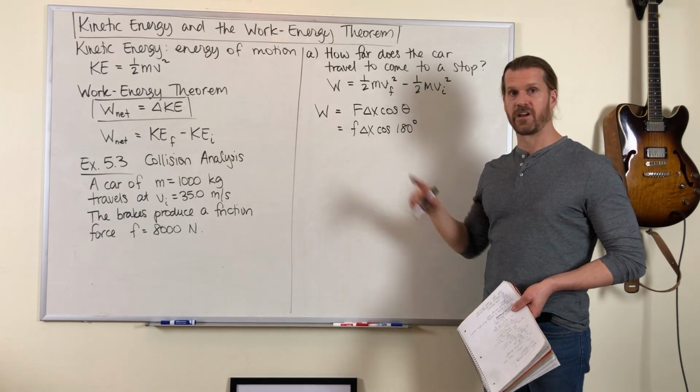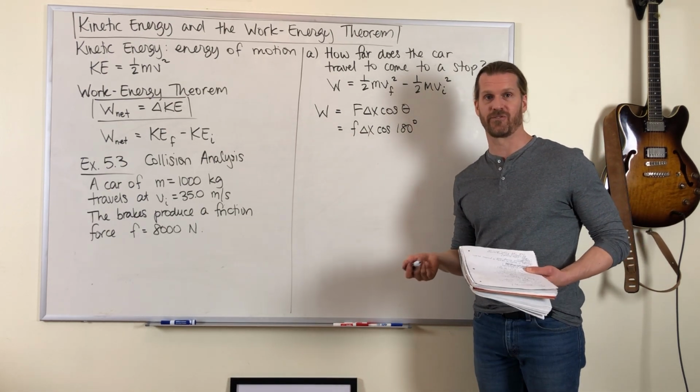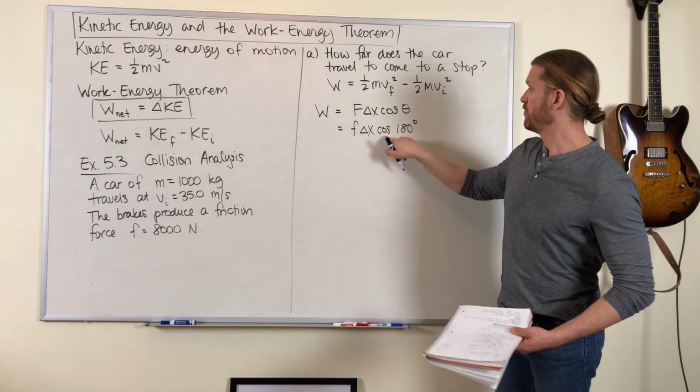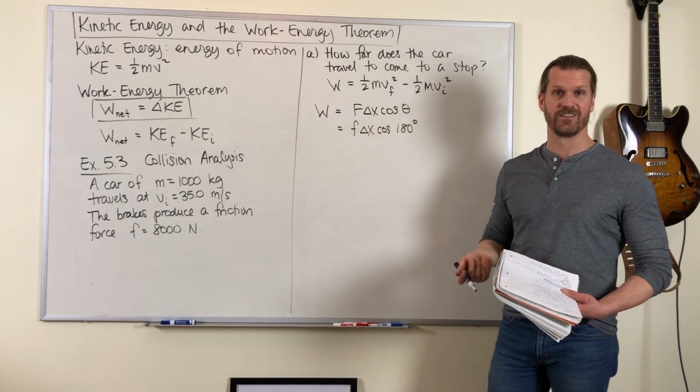So the force vector and the displacement vector here are in opposite directions, or 180 degrees apart, which means that this amount of work done is going to be negative.